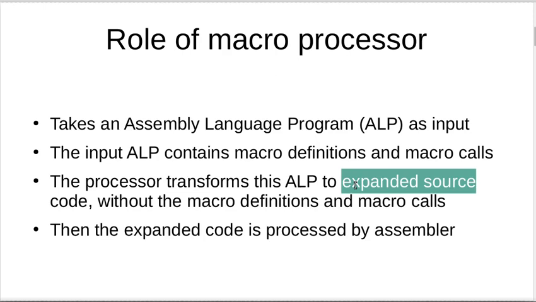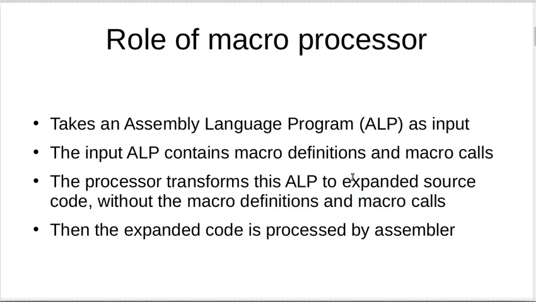We have already seen in the previous lectures what a macro definition is, what a macro call is, and how that leads to an expanded source code. So we get this expanded source code by using a macroprocessor. That is a function of the macroprocessor, to transform the assembly language program given as input to an expanded source code. Also, this expanded source code does not contain the macro definitions and macro calls.